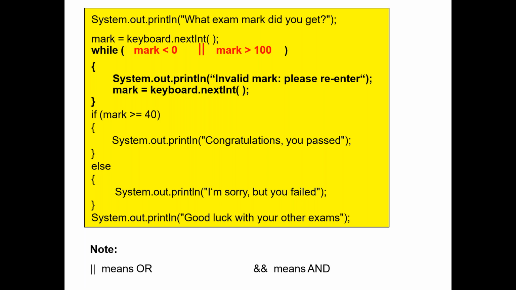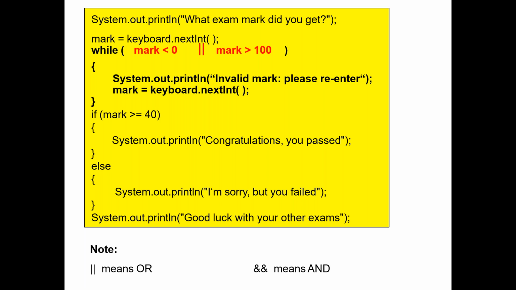The two bars in the middle are a logic gate, which stands for OR, meaning one of the two statements has to be true for us to execute. So while mark is less than 0 or mark is greater than 100, that's when we run our method where we print invalid mark, please re-enter.